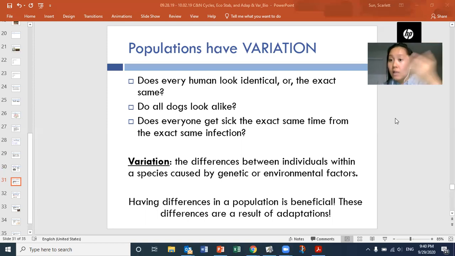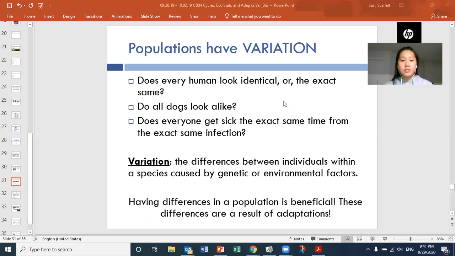That's a variation. People have different immune systems, and having different immune systems means that some people are better at resisting viruses, and some people are worse at resisting viruses. So the people who are worse get sick more often. People who are better are the ones who are like, yo, they never get sick. They're always healthy because there's variation even in things that you cannot see with your eyes. For example, your immune systems.